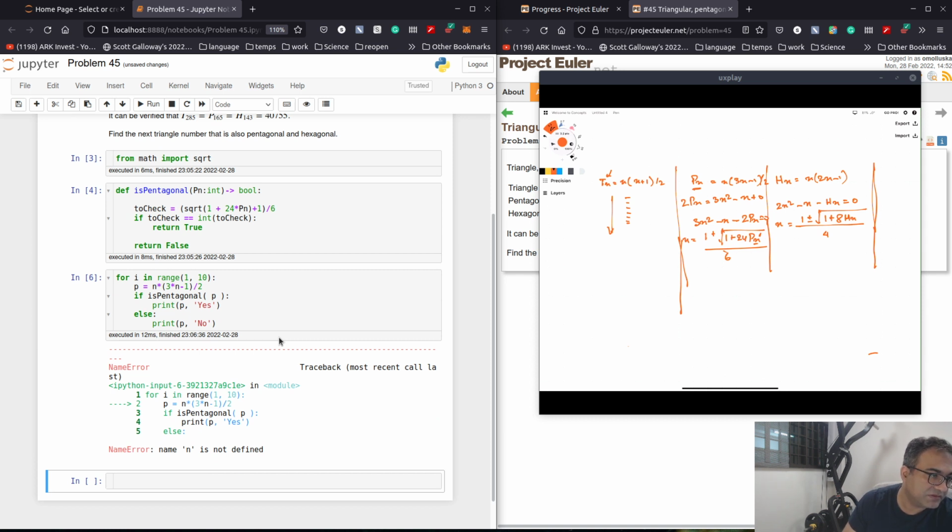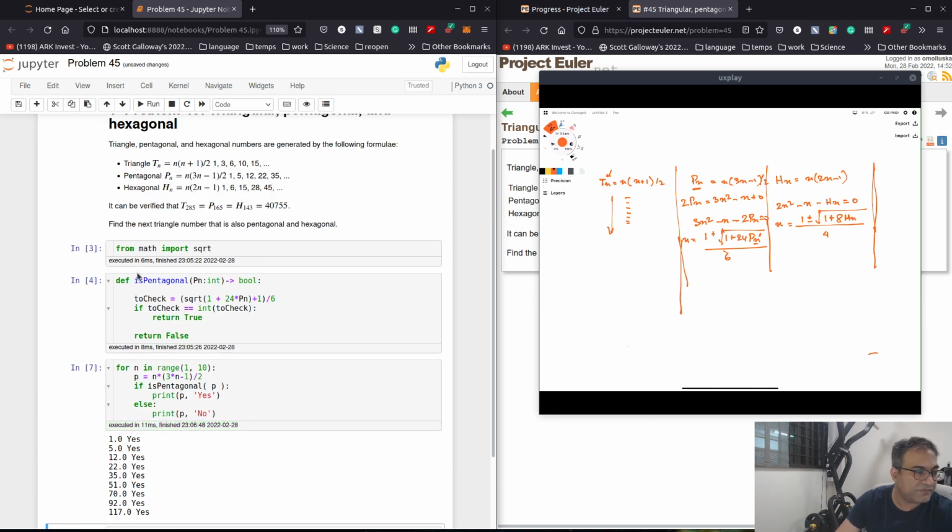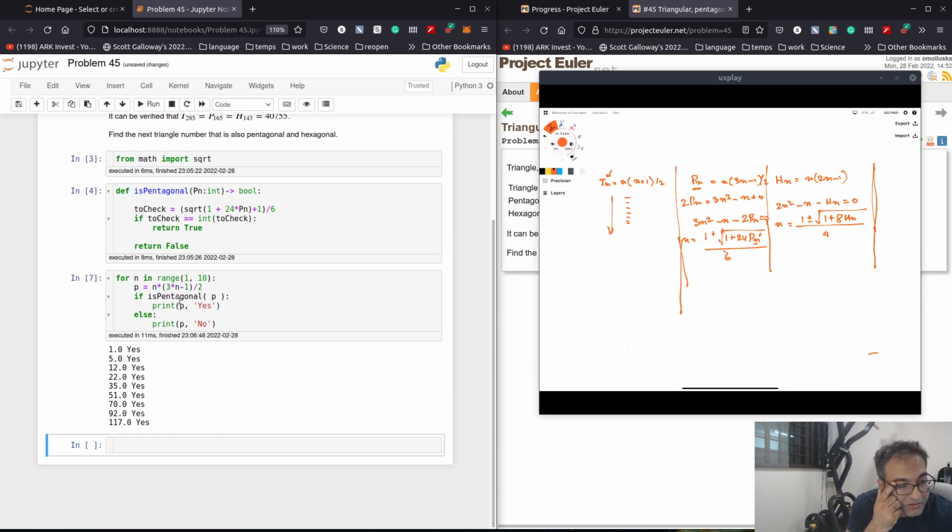Where is N? There should be N. Okay, so it looks like pentagonal is correct.